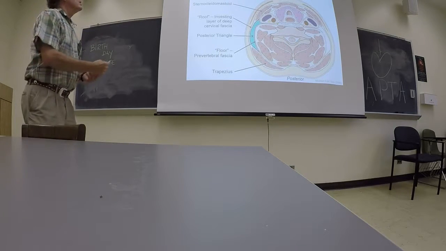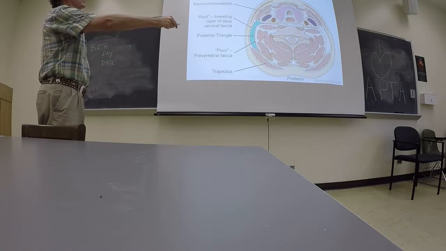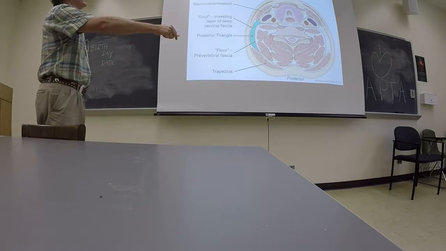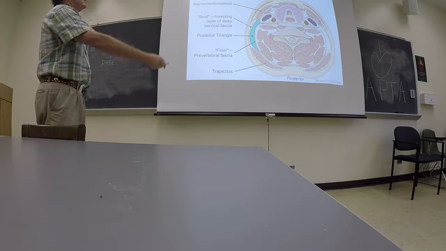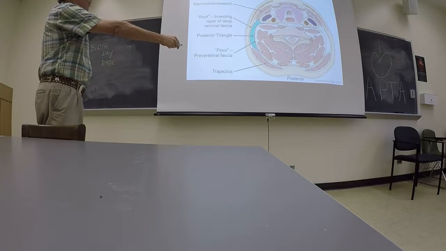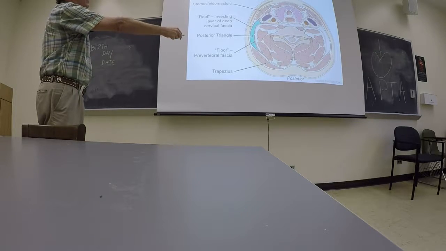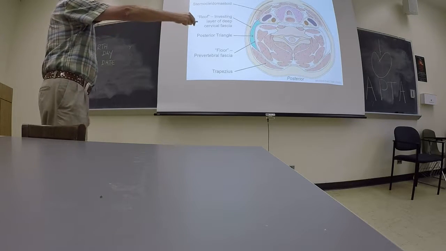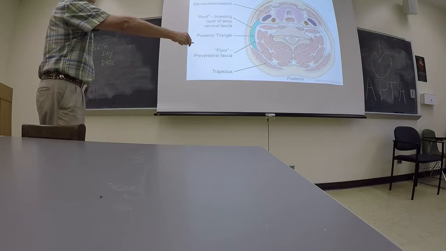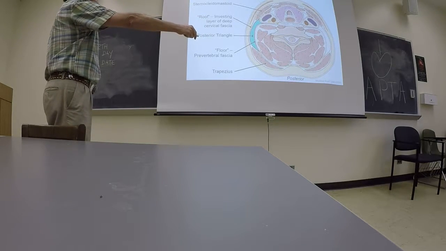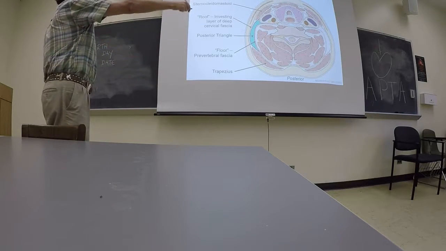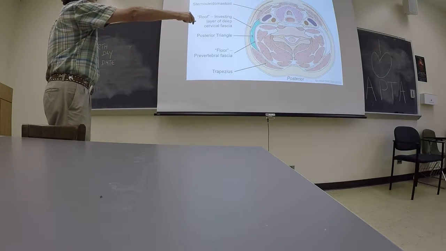So the roof of this posterior triangle back here on the side of the neck is formed by the investing layer of the deep cervical fascia. The floor, the deeper area, is something called the prevertebral fascia. You see this fascia that's wrapping around the vertebrae and all the associated muscles is known as the prevertebral fascia, and this is known as the deep cervical fascia back out here.